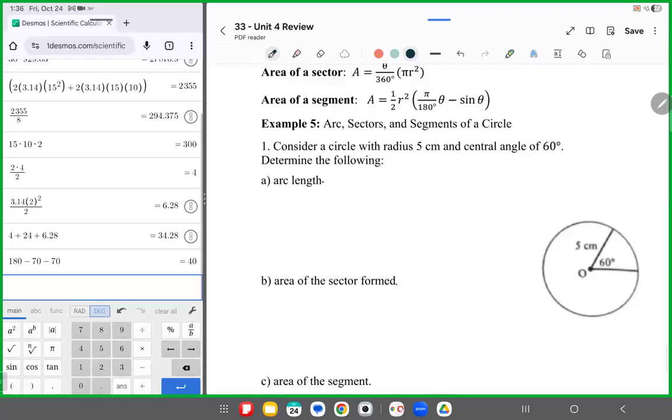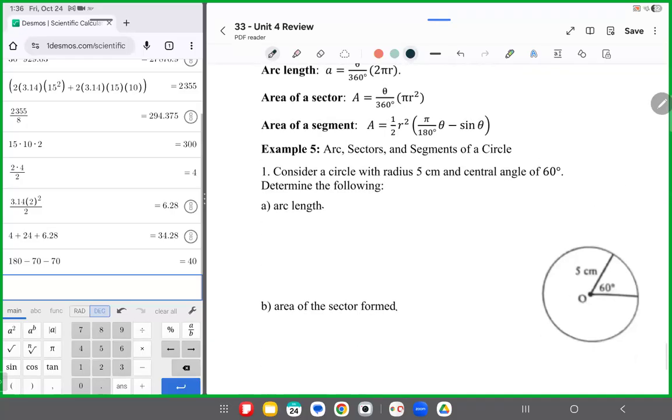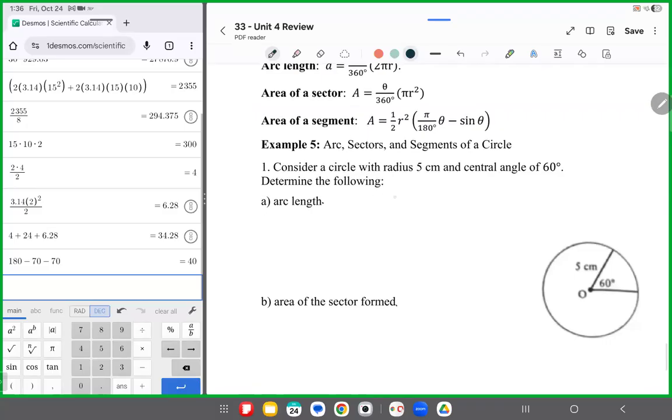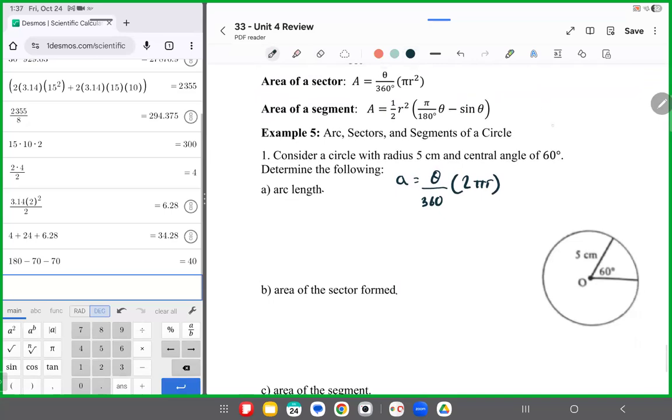Okay, so here, first thing we want to do is write down the formula for the arc length. So here we know that the arc length is equal to theta divided by 360 degrees multiplied by 2 pi r. And it's worth noting that we assume pi is equal to 3.14, like before.